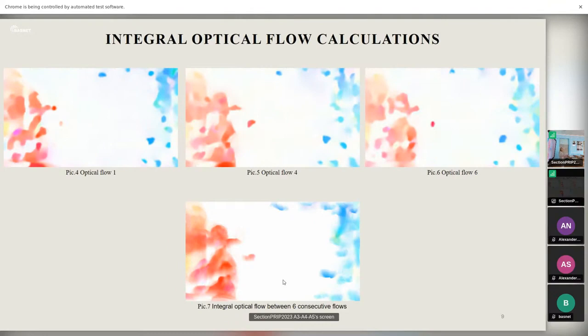When integral optical flow is calculated, we can see that there is a white background, and it is unambiguously determined. You can compare optical flows and integral optical flow.